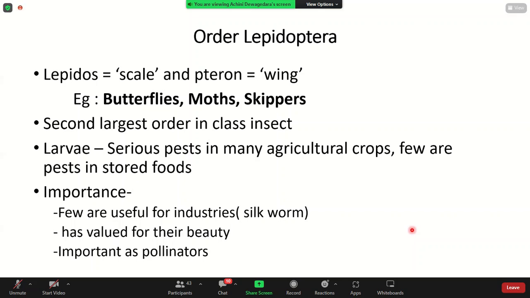Those are because of the presence of scales. And this is the second largest order in class Insecta, right? And out of these Lepidopterans, the damaging stage is the larvae.